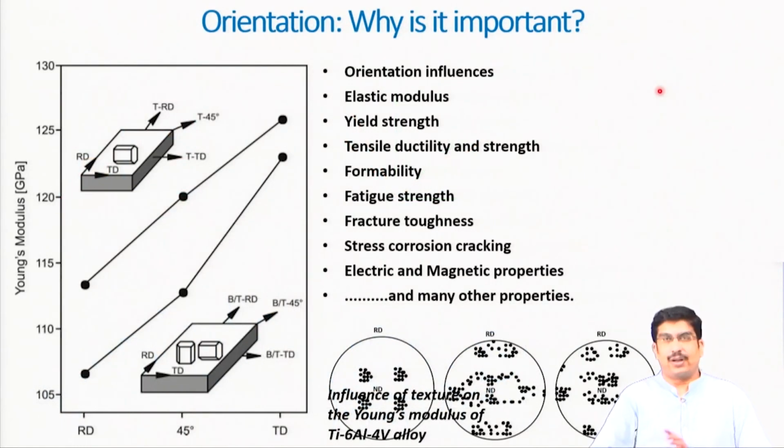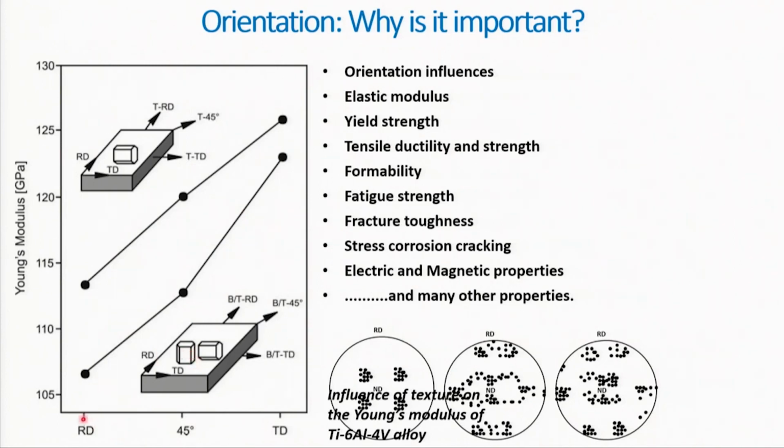Okay. Orientation, why is it important? Because it defines all your different properties. You can see the Young's modulus of titanium alloy, which will change with respect to the orientation.